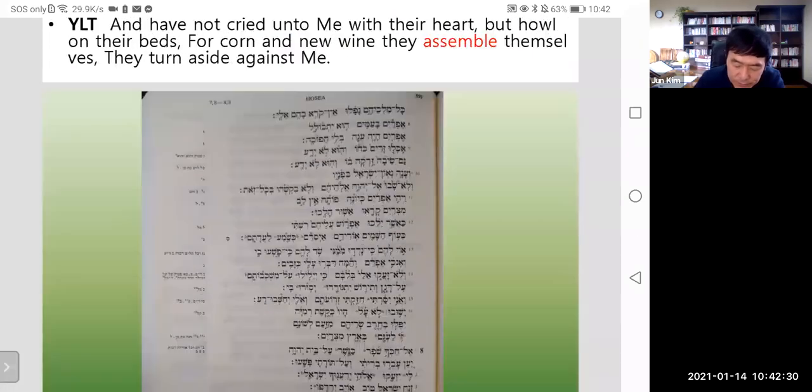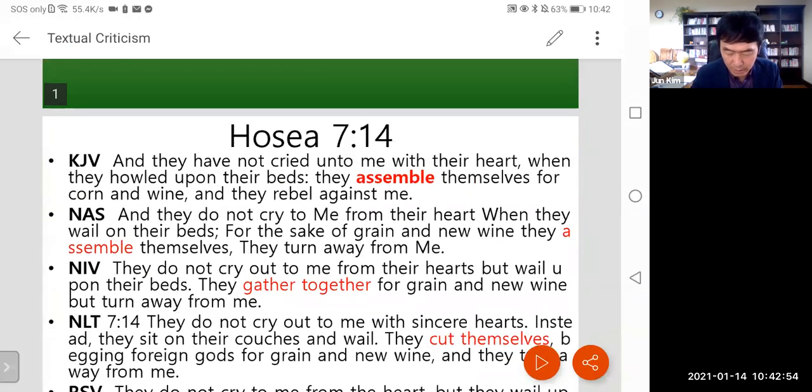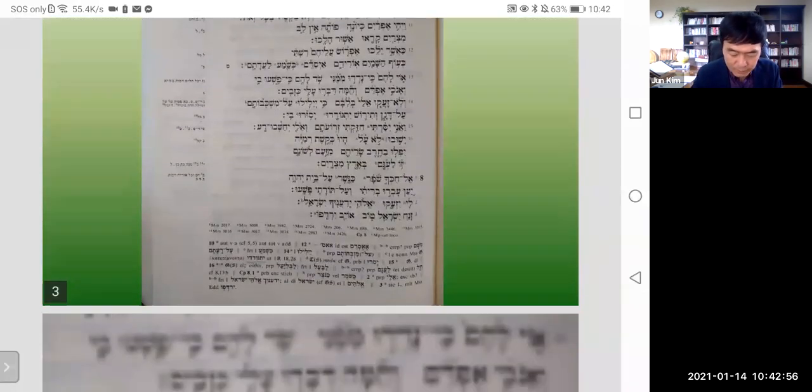Let me move on. If we look at Hosea chapter 7, go to page 999 if you have the BHS. The verse is chapter 7, verse 14.